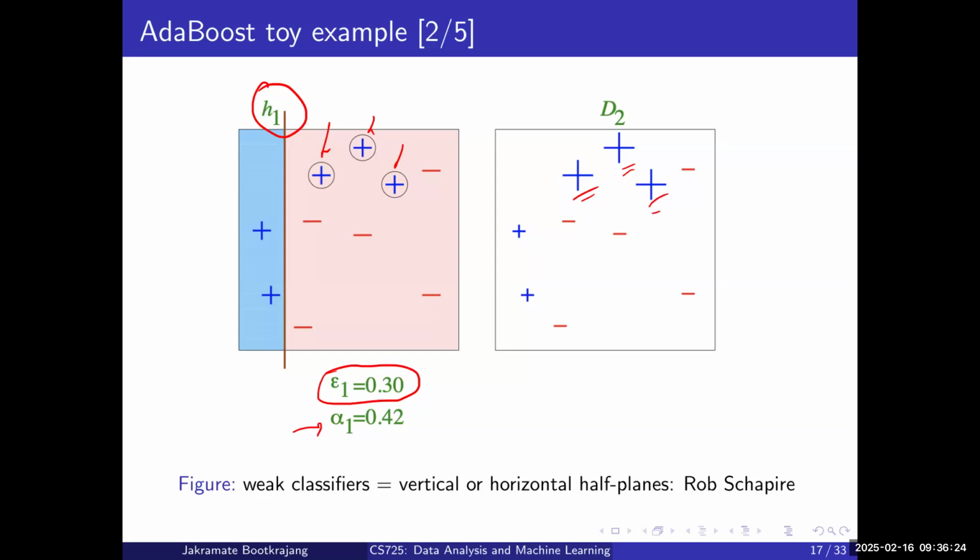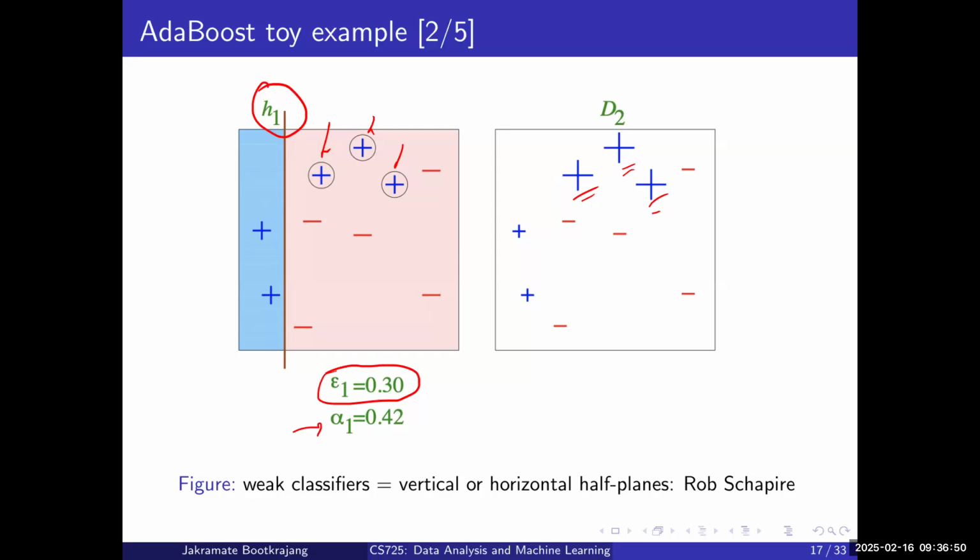These are considered difficult examples, because the first classifier cannot predict them correctly, so they must be difficult. So they have more weight. After that, we can build the second classifier.